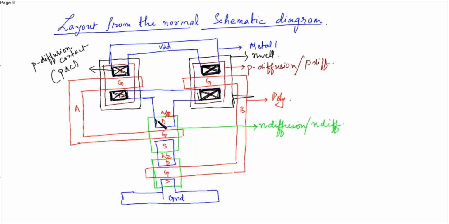Then similarly we have the N diffusion contacts for connecting the metal layer with the N diffusion layer. So this is the N diffusion contact or the NDC contact.